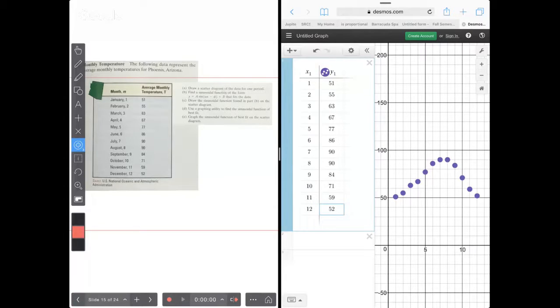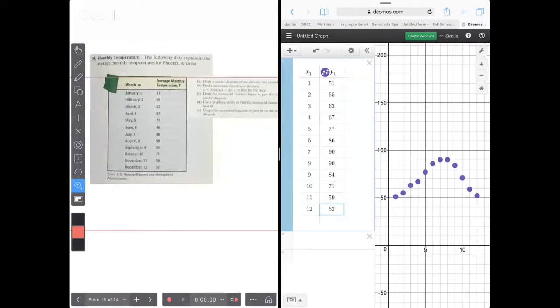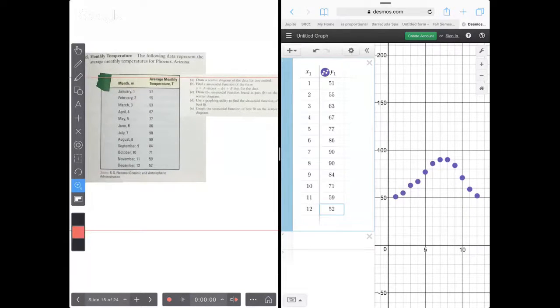And I've done A, I drew a scatter diagram. Now I'm going to find a function that fits this, and we're going to draw it on the diagram. I'm on 95, Sophia.